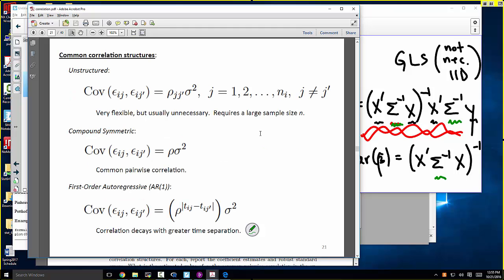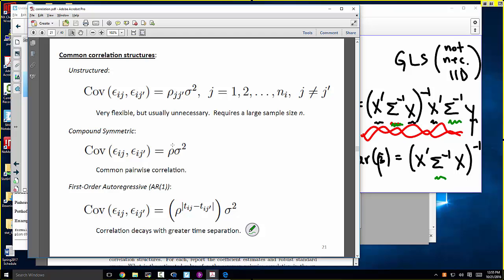Here's 3 commonly used structures for representing that capital sigma. What you would like to do is not have to estimate an entire P by P covariance matrix, all the terms in there. So if we choose a, quote, structure, we can simplify the problem to a smaller number of parameters.